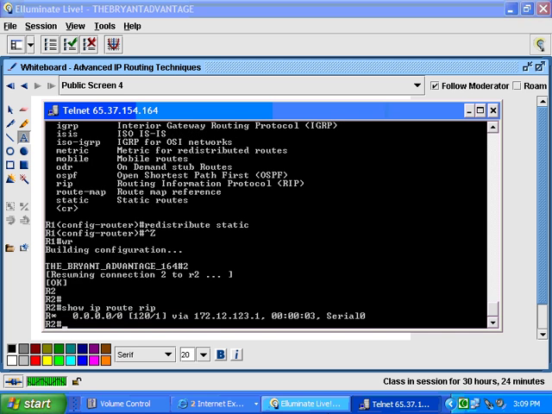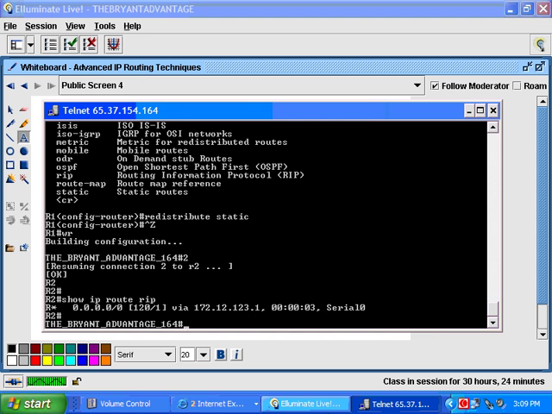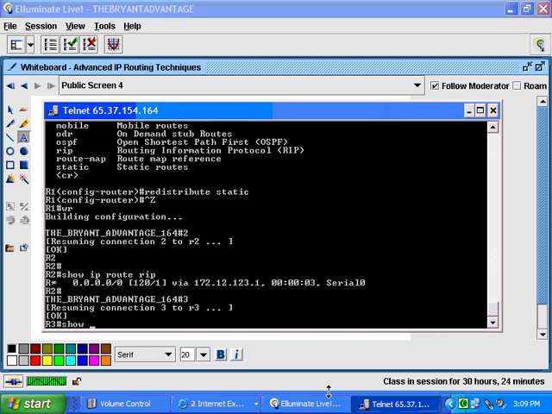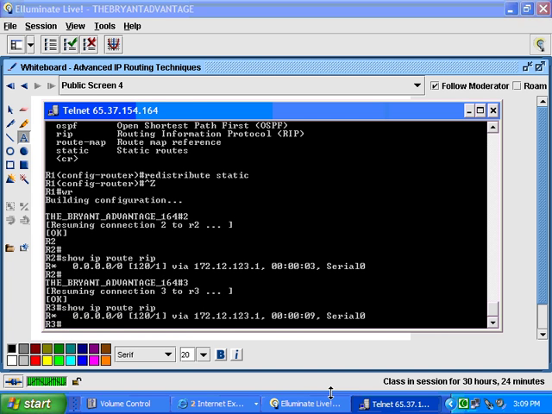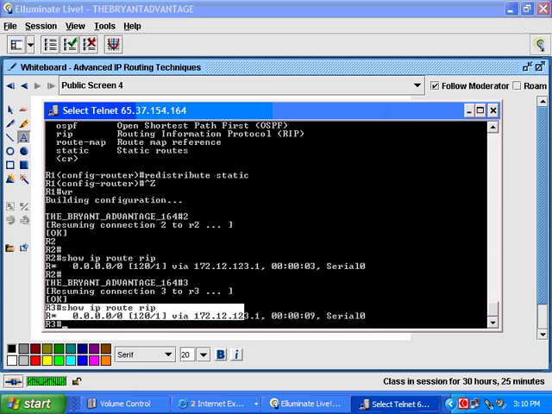I'm going to show IP route RIP, and there it is. And we go over to 3. And there it is. This is shown as a RIP default route, but we didn't use IP default network to get it in there.